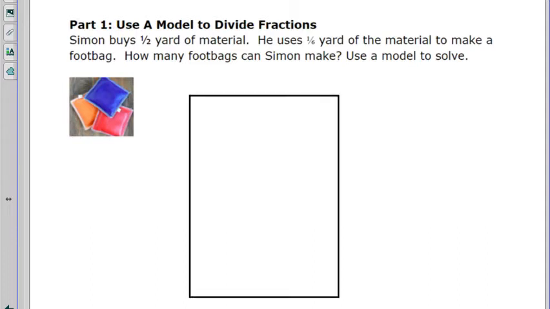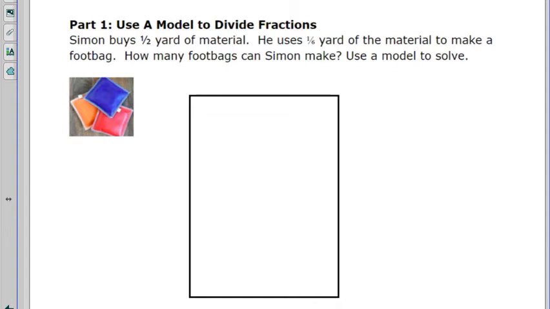Now, just to talk about what we're looking at, a yard is a linear unit, but material is bought by the yard, and there's a certain standard width that goes with that. So when we talk about a half a yard, it's some kind of square units.